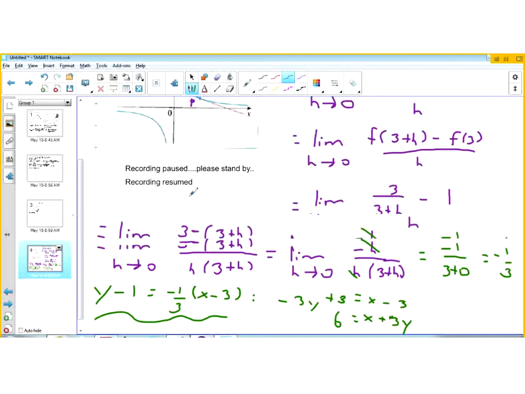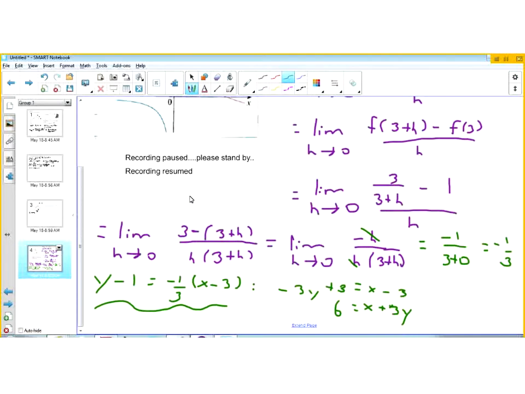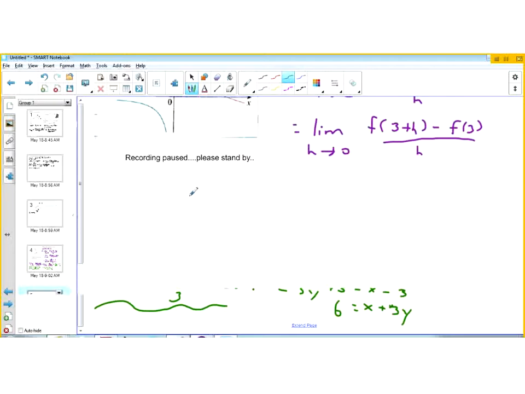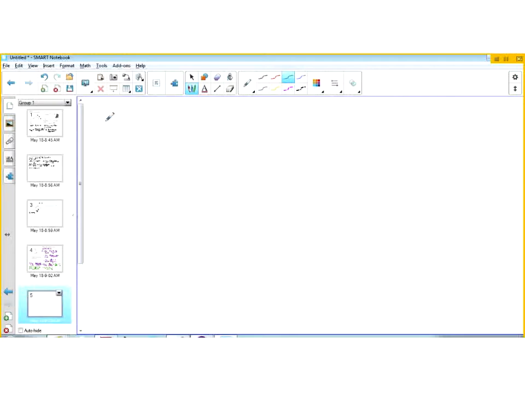Okay. All right. So now we'll revisit physics problems, and we'll talk about velocities. Recall from previous notes that we have average velocity and instantaneous velocity.